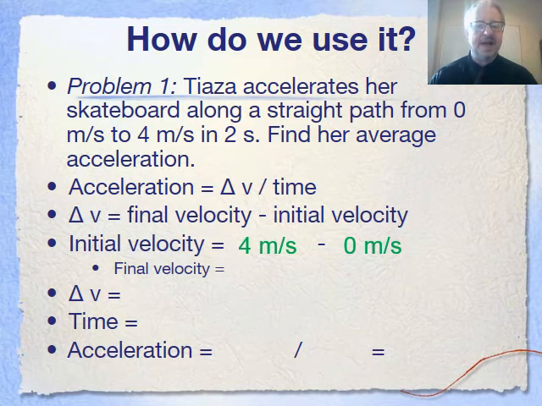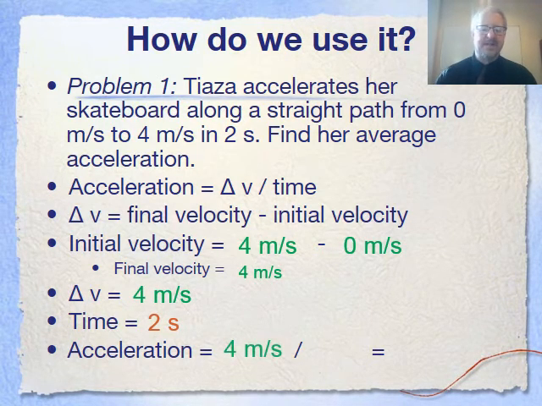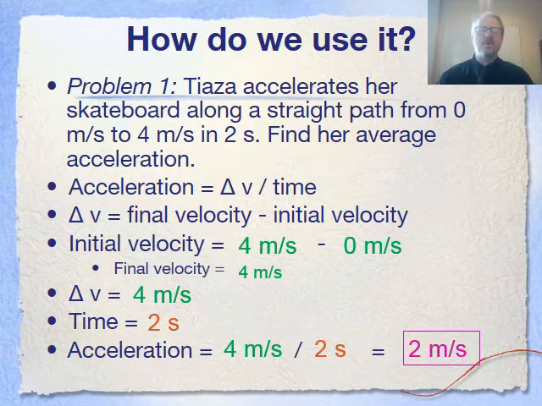So if we subtract the two, that will give us 4 meters per second. All right, so we'll move that down to our delta v, and then we need to plug in our time, or substitute time in for t, which is 2 seconds. So then if we put it all together, we get 4 meters per second divided by 2 seconds. That gives us our result of 2 meters per second.